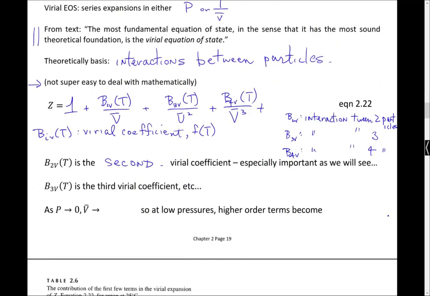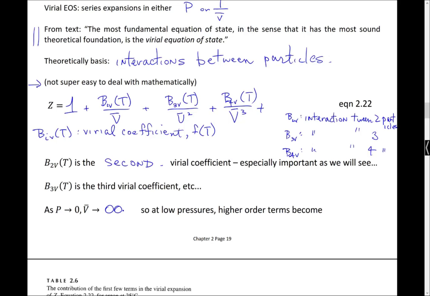All right. So let's talk a little further. As pressure approaches zero, what's going to happen to my molar volume? I have a gas, right? Pressure goes to zero, molar volume goes up, okay? Right? And at zero, it's going to go to infinity, okay? Make sense? P goes up, V goes down. Okay?